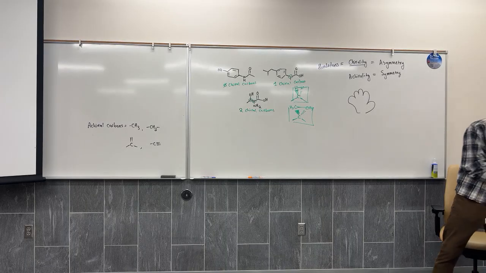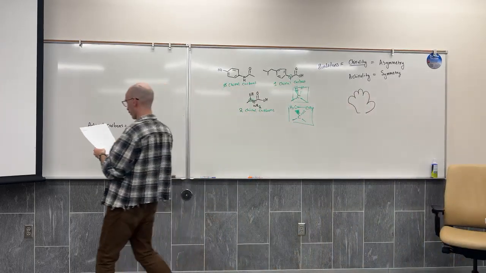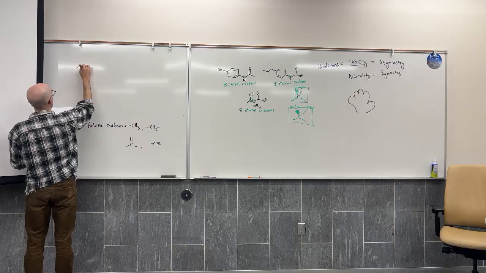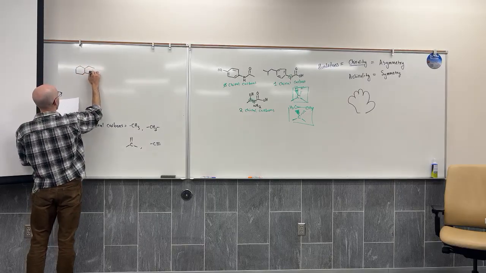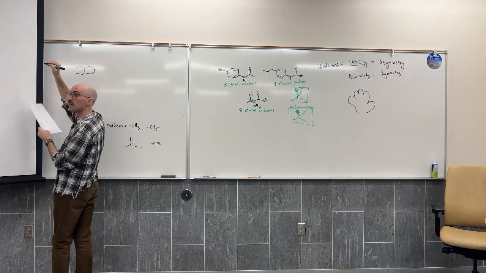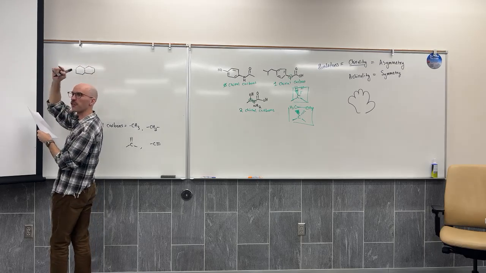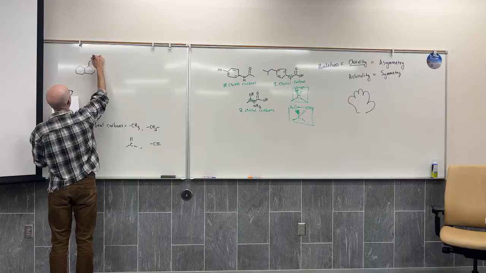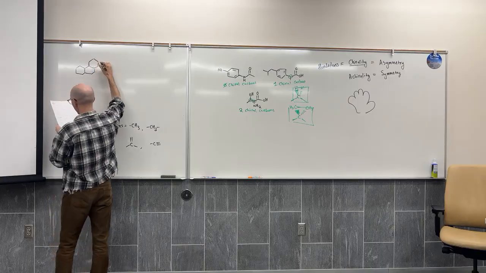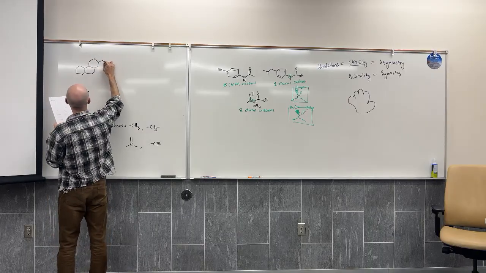So you go all the way until the point of difference. So with chiral carbons, we have to count the whole molecule, even if we're looking at one of them. Yep, that's what I'm doing.